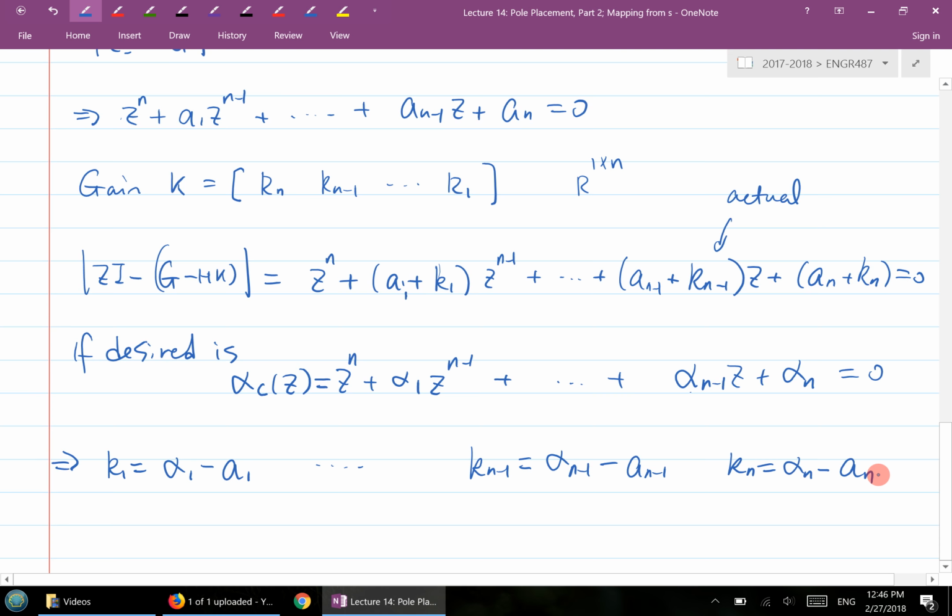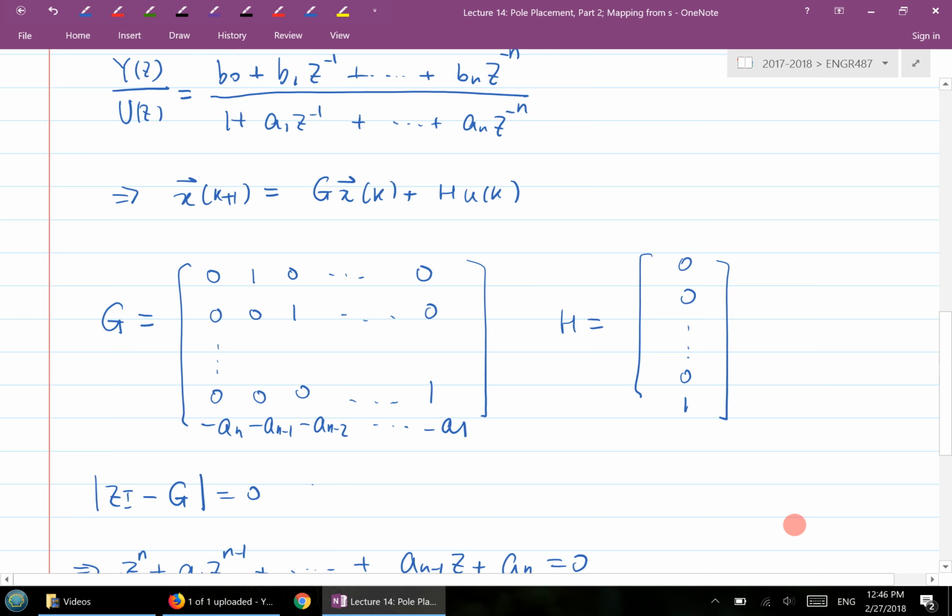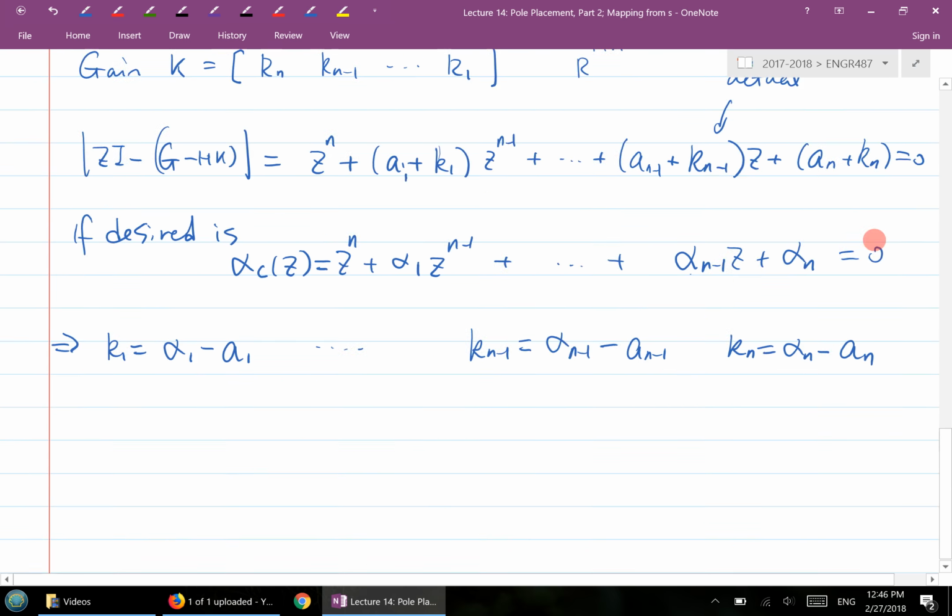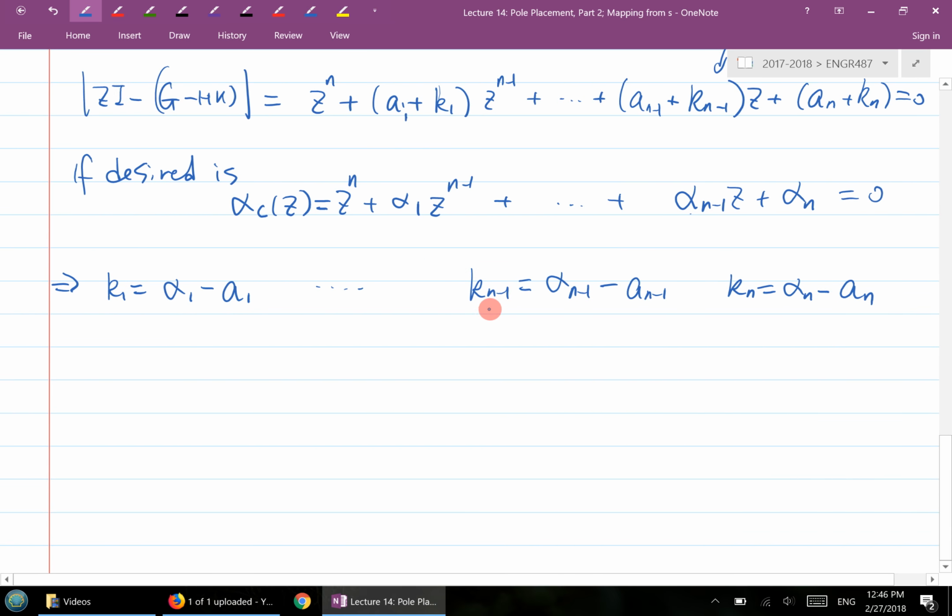So this is the advantage if you have your state space model, the system matrix G, written in the control canonical format. That makes the solution for K very simple.